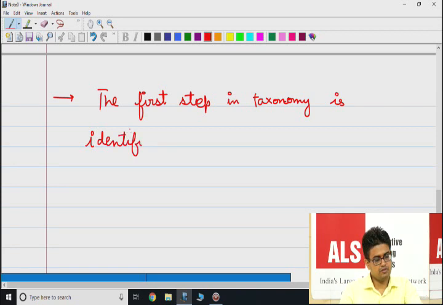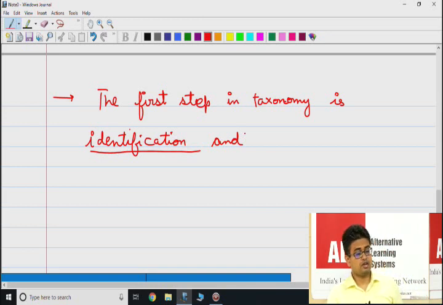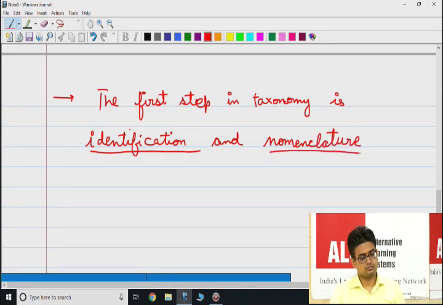You have to identify whether it is a different organism or not. Nomenclature comes second. So we need to define the organism first, then we can do this and that.